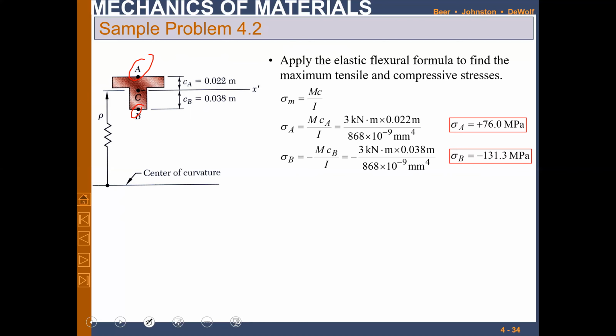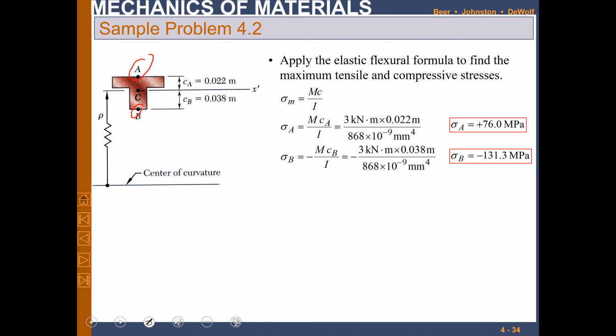So the normal stress at surface A will be MC over I. M is known to us, that is 3 kilonewton meter, and C is 0.022 meter. It is 22 millimeter and 38 millimeter, but because of kilonewton meter we have to convert this into meters.